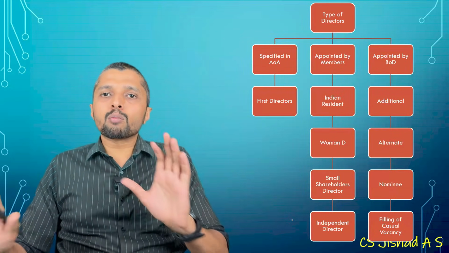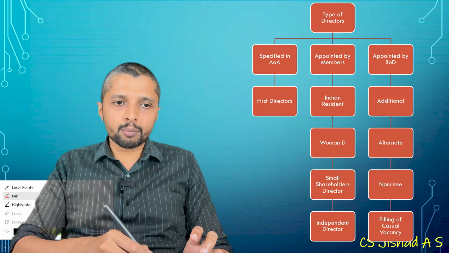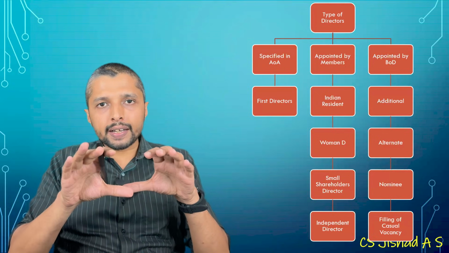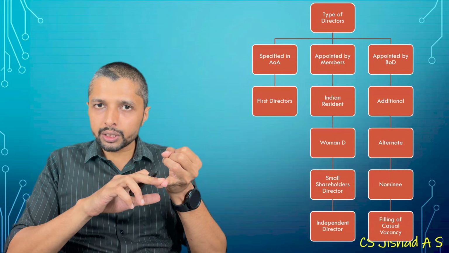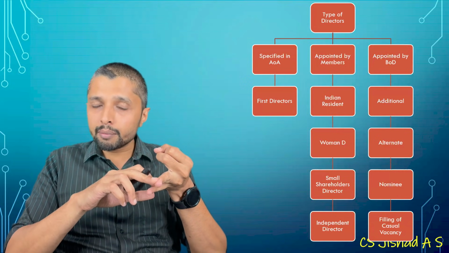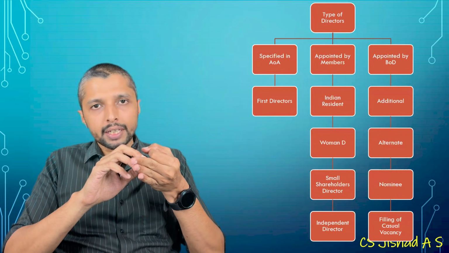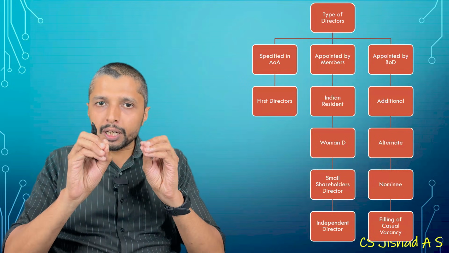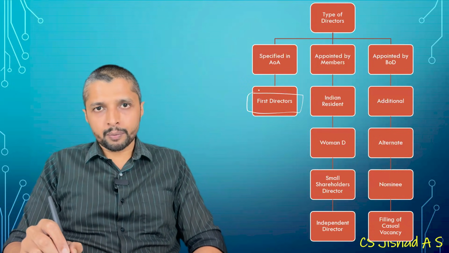Then we'll move to the provisions related to the types of directors. You can classify the directors into three categories: directors who are specified in the articles of association, directors who are appointed by members, and directors who are appointed by the board of directors. With respect to the directors specified in the articles, it is only the first directors.